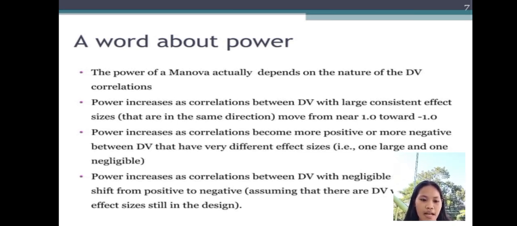Power increases as the relation becomes more positive or more negative between dependent variables that have very different effect sizes, one large and one negligible. Power increases as correlation between dependent variables with negligible effect sizes shifts from positive to negative, assuming that there are dependent variables with large effect sizes still in the design.